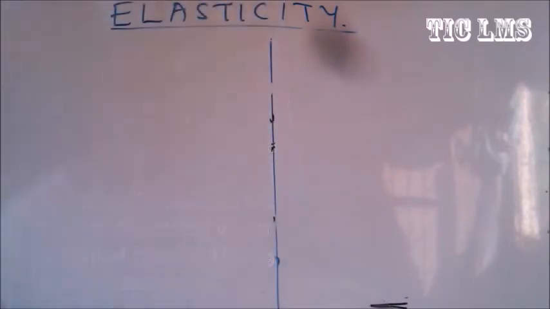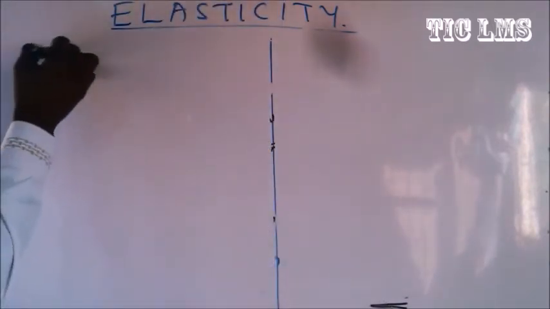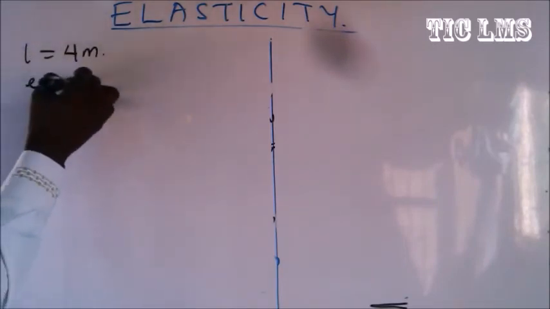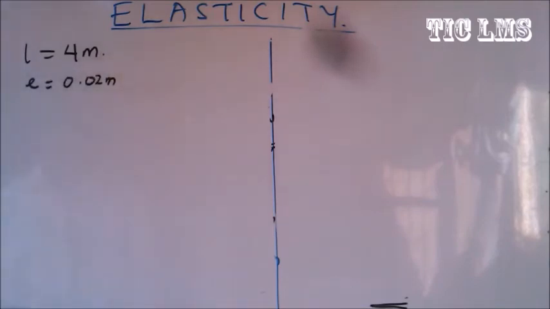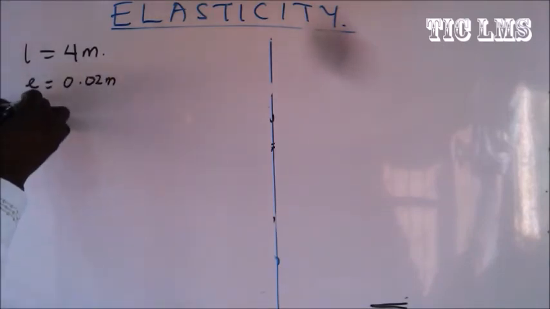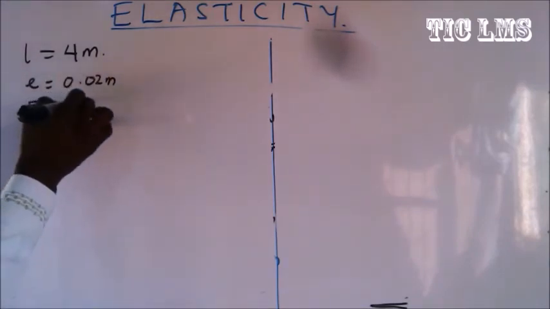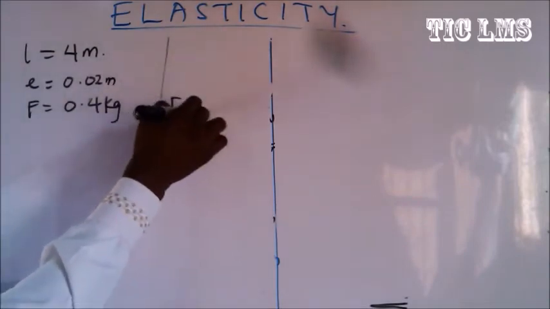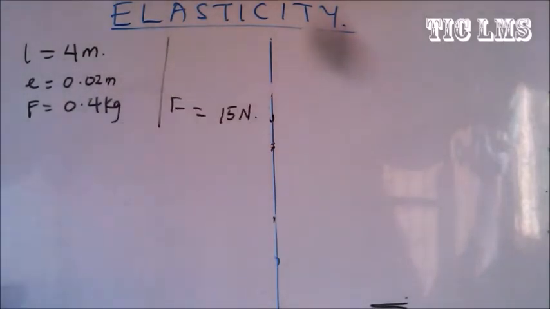So here we have a string of length 4 meter and it was extended by 0.02 meter when we have a load of 0.4 kilogram. Now we have to find the length of the spring when we have a new force of 15 Newton.